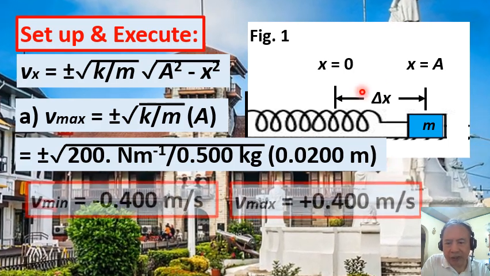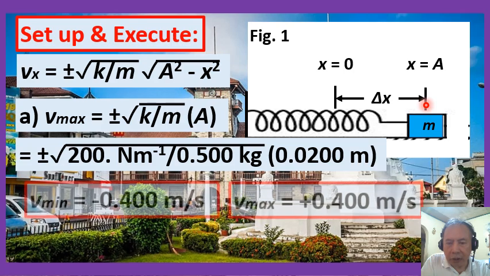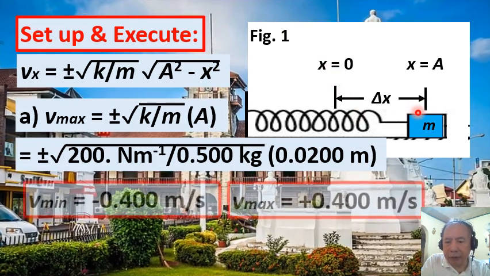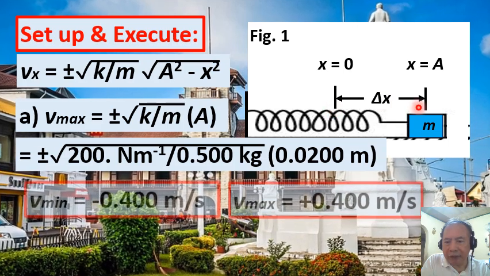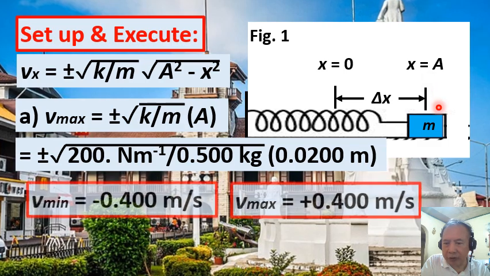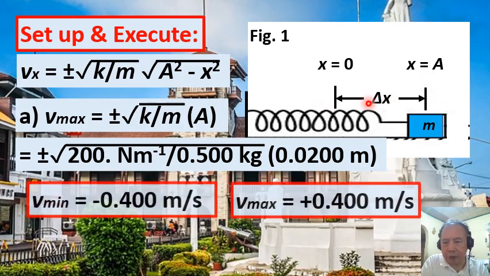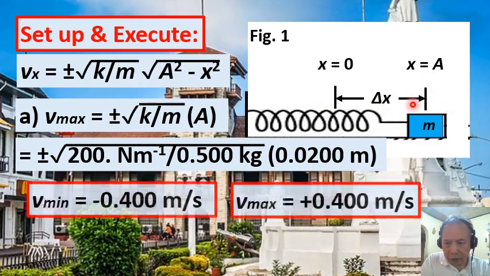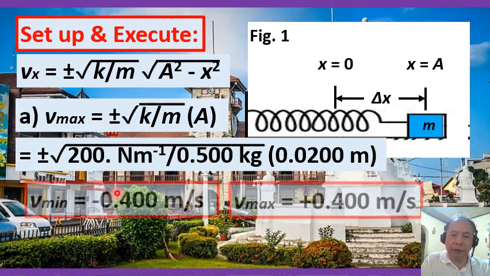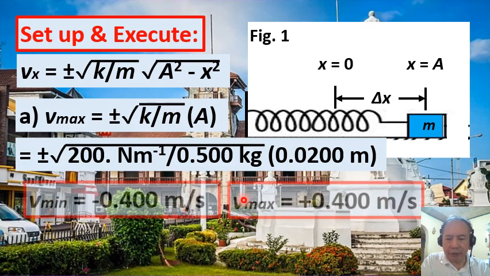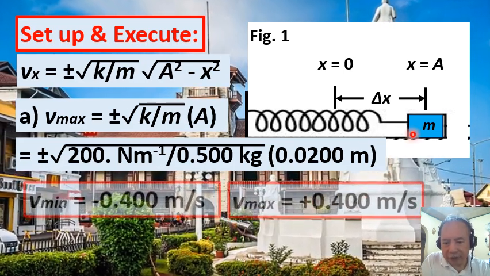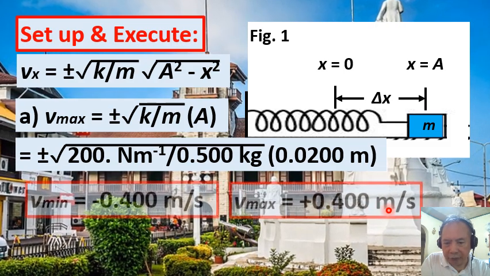This is when the block reaches the equilibrium position as it moved from the initial position x equals A on its way to the equilibrium position. In other words, when the block is moving to the left, hence the negative sign. Now, the other answer is considered the maximum velocity, which is positive 0.400 meter per second.